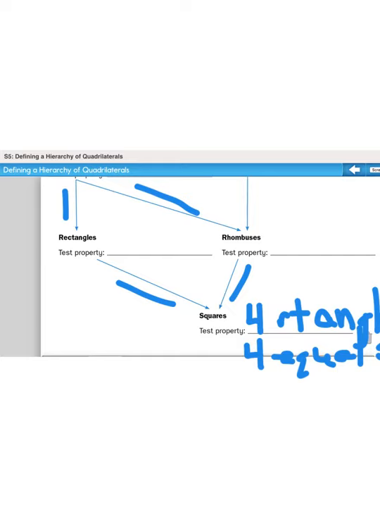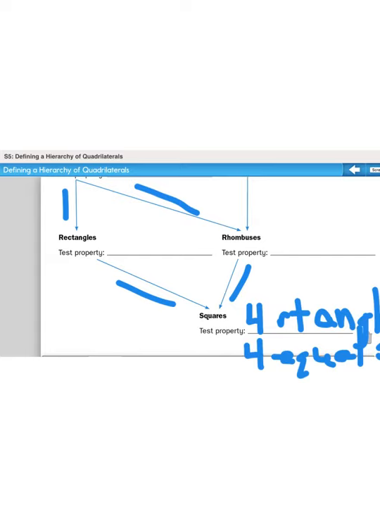So let's put this all together and think about going through our hierarchy. If we started with a quadrilateral and worked our way through this process, we would need to start at the top and test the quadrilateral using the test properties at each intersection. You then would leave each card next to the lowest category into which it will fit.